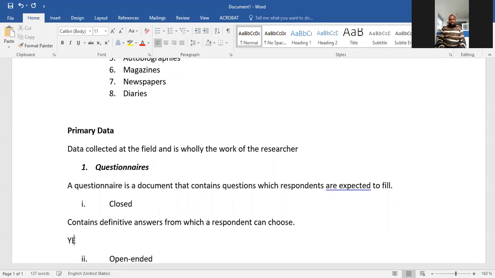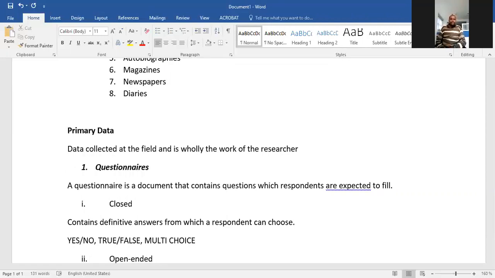So these are basically yes or no questions, true or false, or multi-choice questions, like the ones that we give you. We give you an exam, and in that exam, in section A, it contained multi-choice questions, true, false, and yes or no kind of questions. Those kinds of questions are called closed questions.